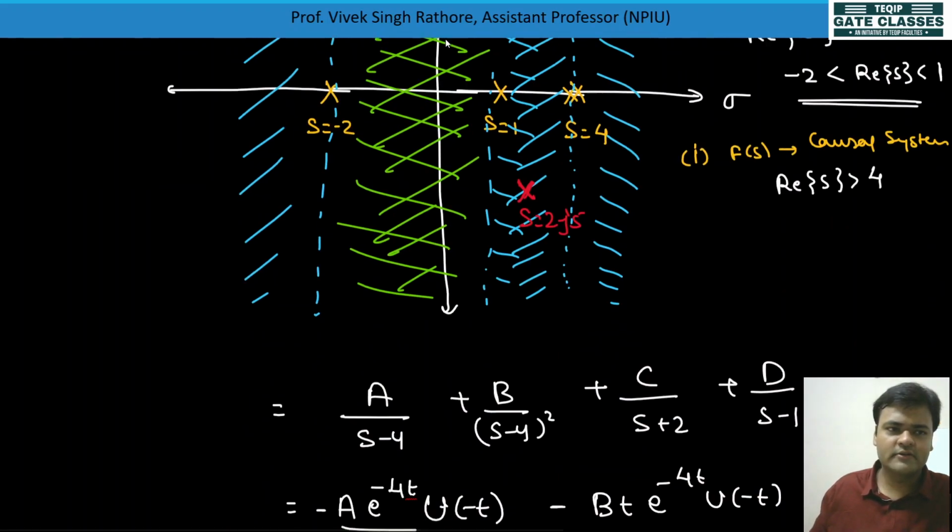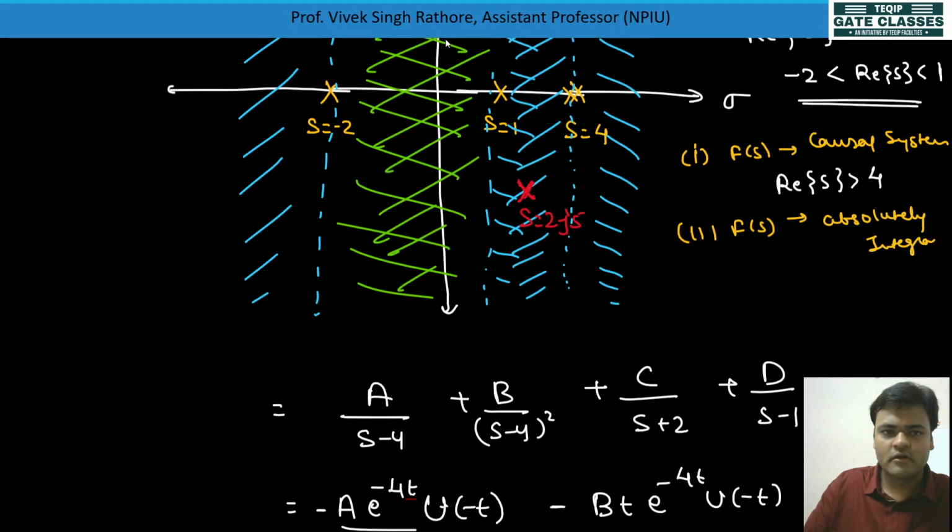Now the second type of question. If F of s is to represent an absolutely integrable signal, which ROC should be considered?